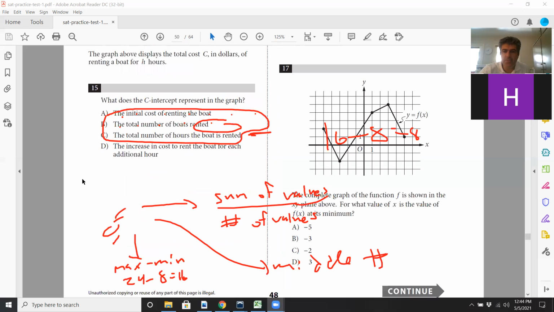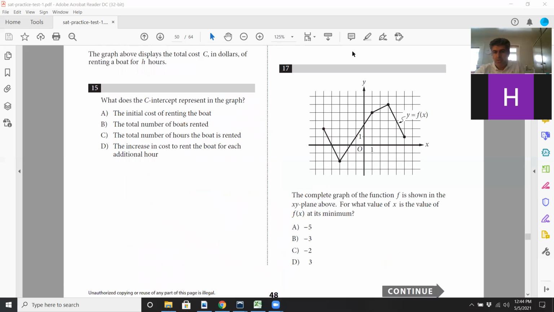Now move on to functions. We want to be comfortable with function notation. So f of x is just y. You want the low point for y, which is right there.